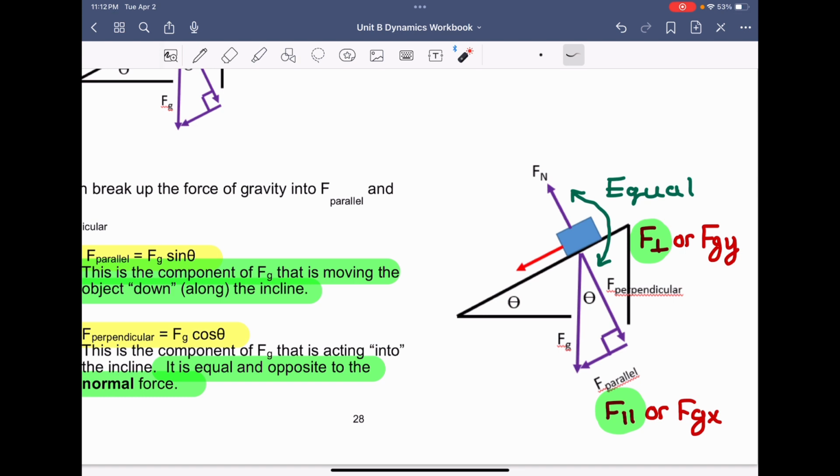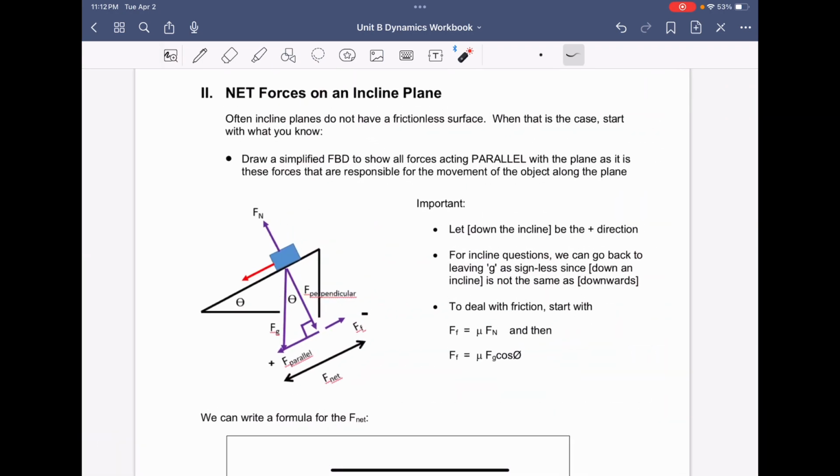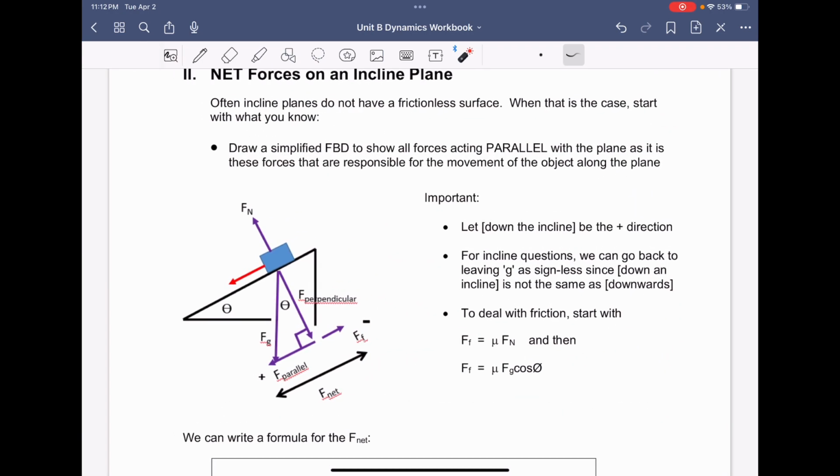And by Newton's first law, there's no sort of vertical movement off of the incline. The box doesn't fly away, it doesn't crash through the surface, it maintains its vertical height on this given horizontal plane.